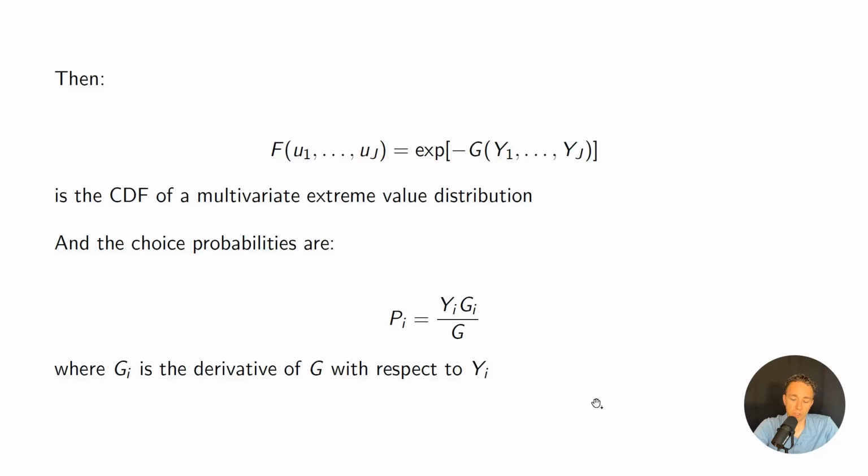Here we're switching over from j to i to emphasize that g_i is the first derivative of g with respect to element i, whereas y_i and p_i are just like y_j and p_j, the probability of choosing option i. So a little bit of notational switch there just to keep in mind.